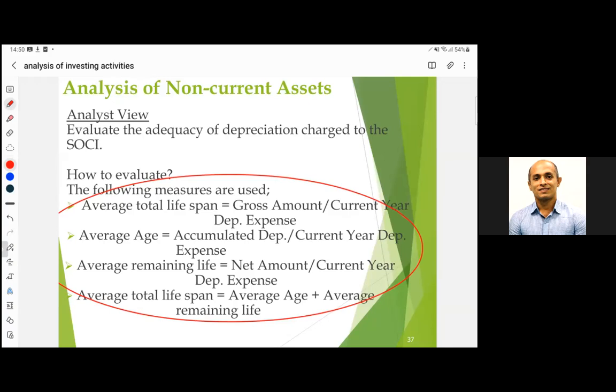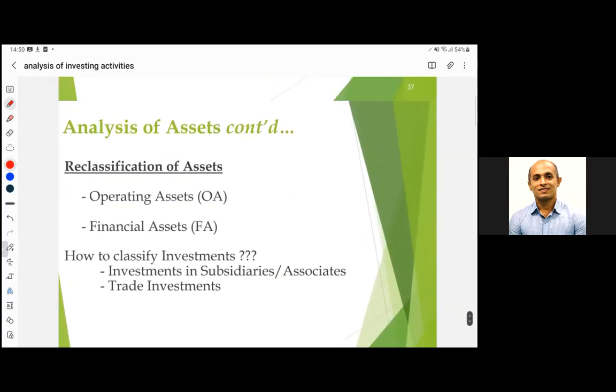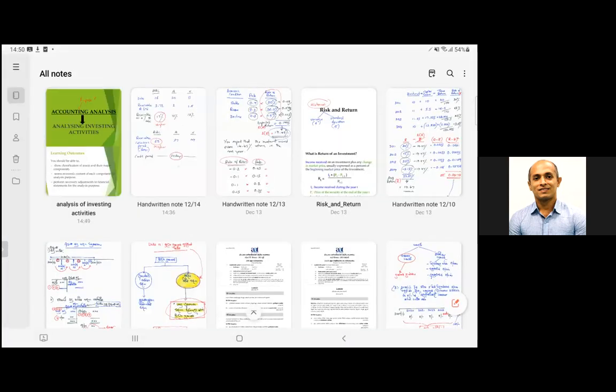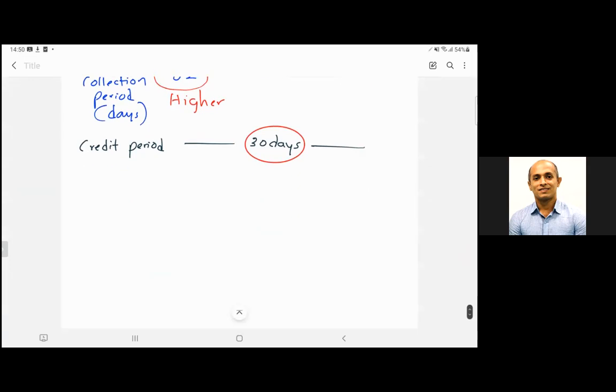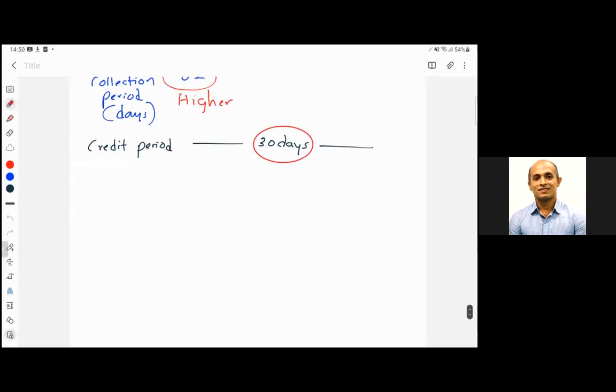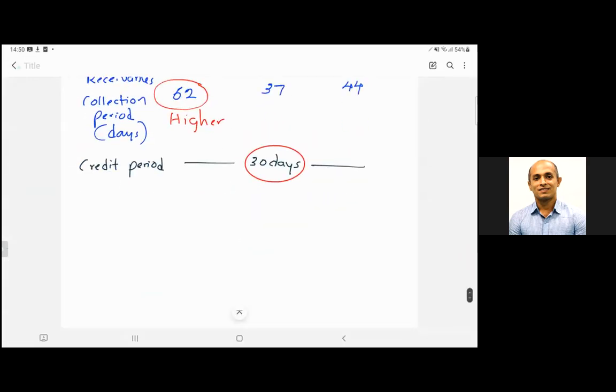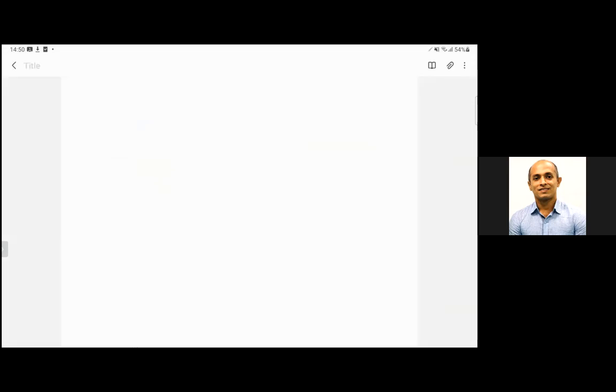Right. Now let's see a very simple example. Let's say the company purchased a machinery on 1st April 2019.